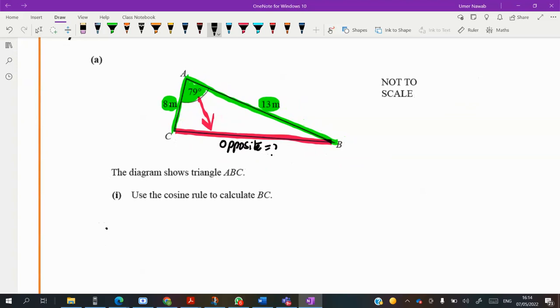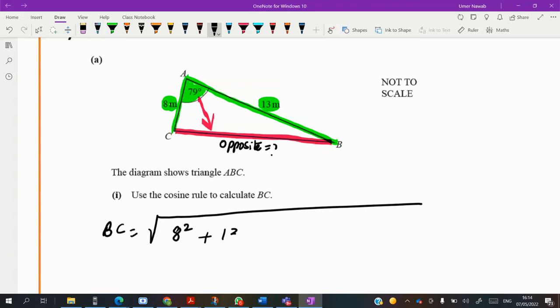The formula: you need to draw a big square root sign, and under the square root write the first side squared, plus the second side squared. Always put minus, and then 2 times the first side, 8, times the second side, 13, times cosine of the angle between them, which is 79.